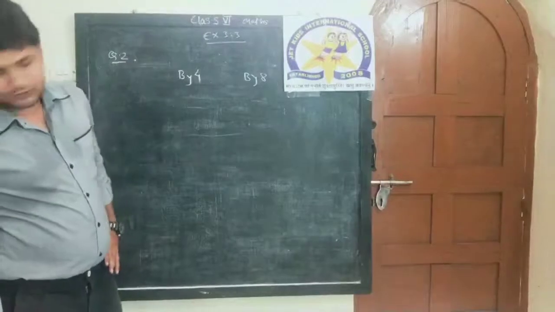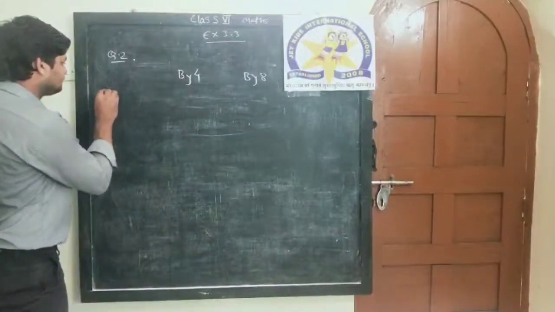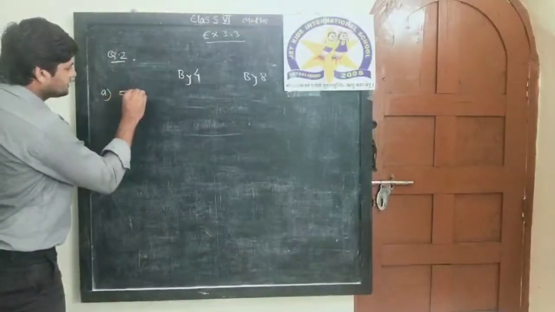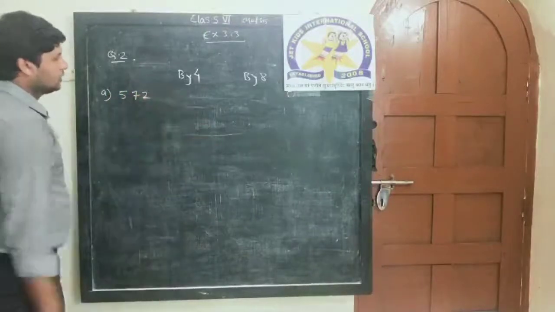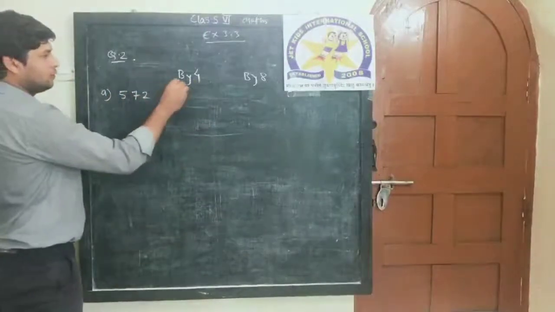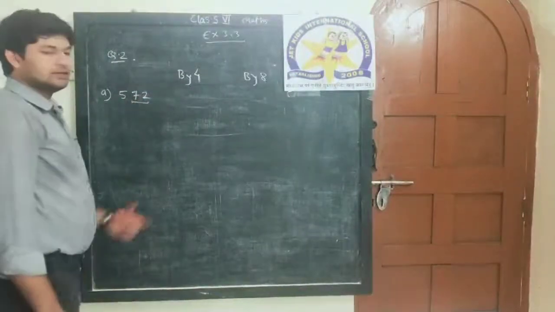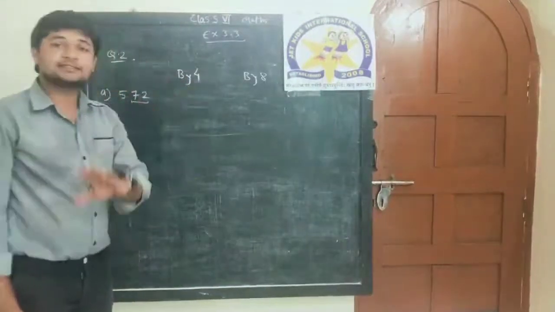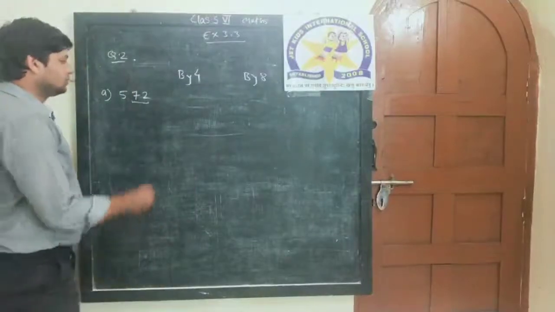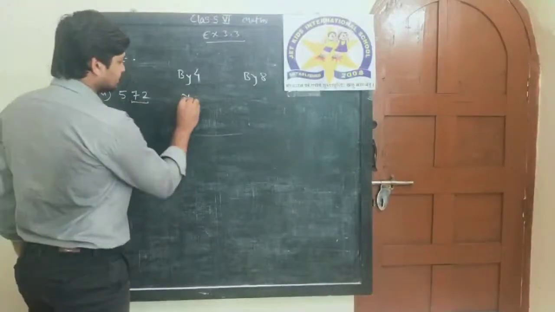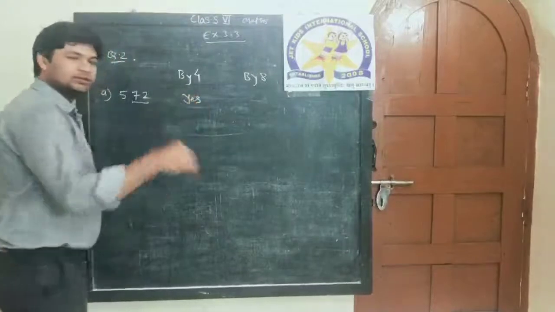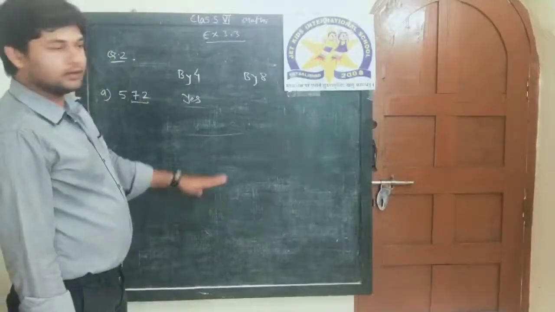The first number is 572. Is it divisible by 4? First check 72. Is 72 divisible by 4? Yes, 18 fours are 72. So you can write a whole sentence, or write it in a tabular format.